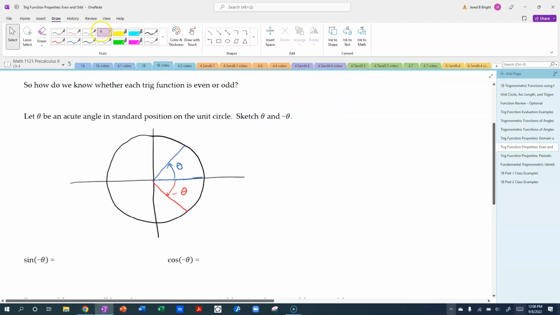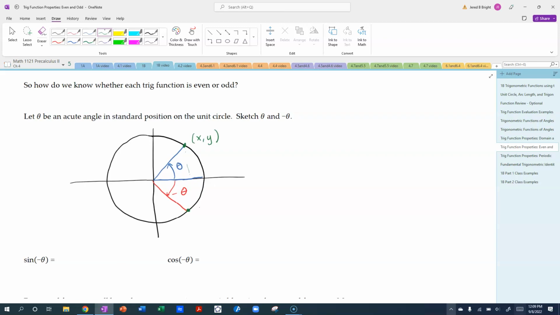Okay, and to do this, I need to do just a little bit more investigation. Remember that at the tip of this terminal side, where the terminal side of the angle hits the unit circle, we might have the point x, y. And then for minus theta, since we're keeping the same angle, we're just changing direction of rotation.